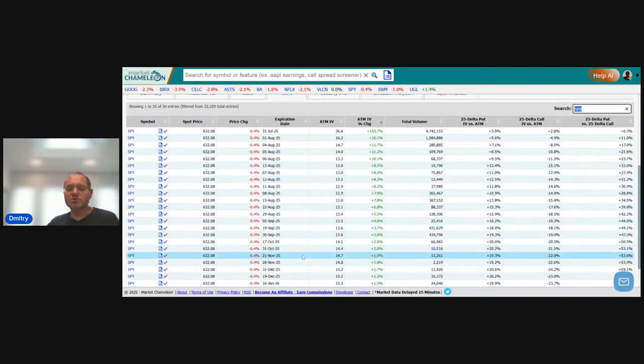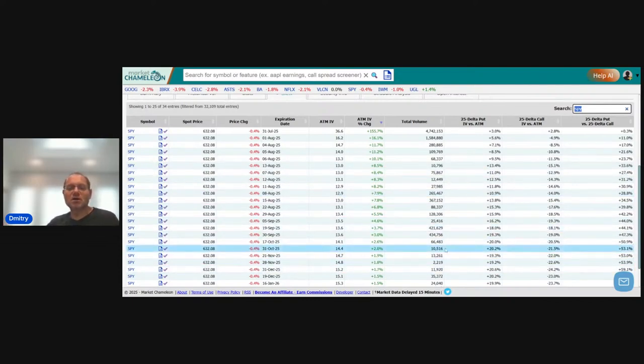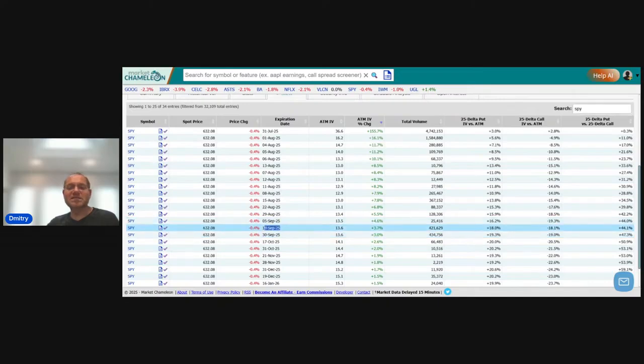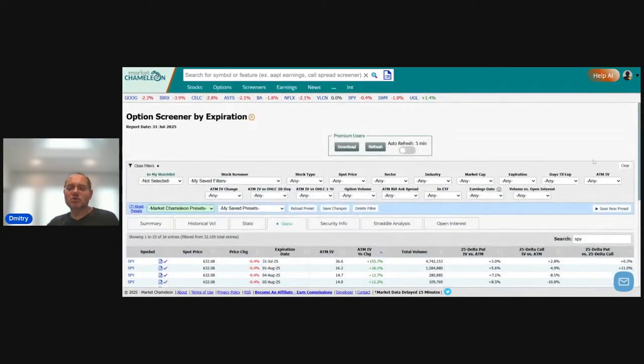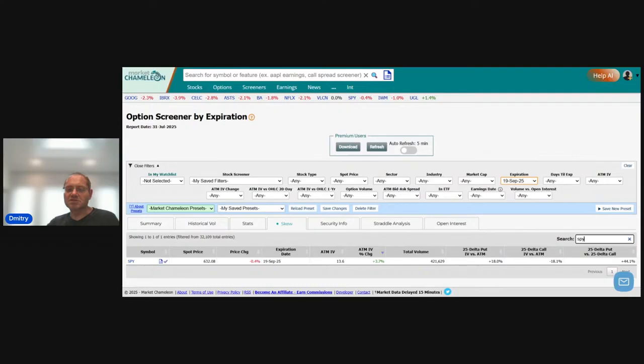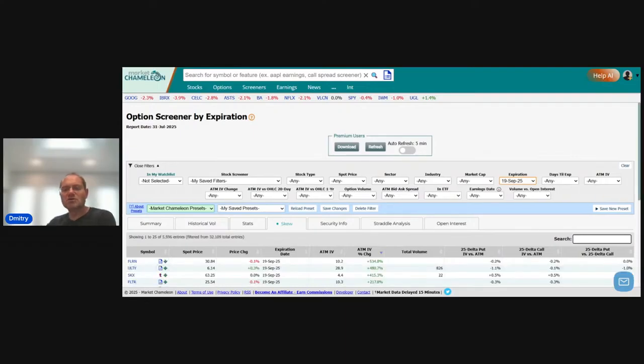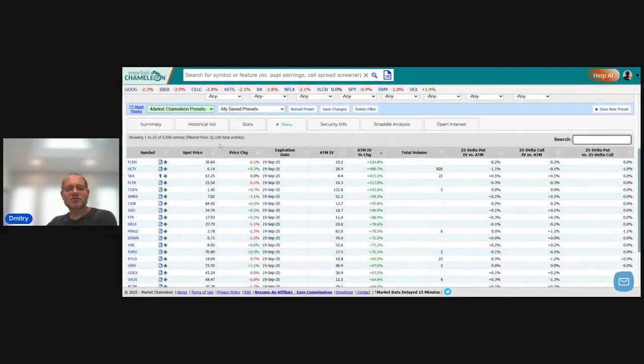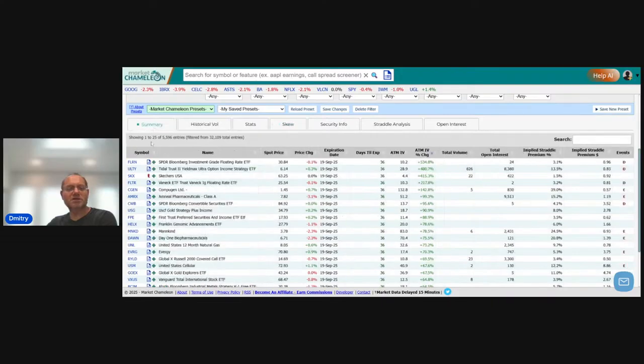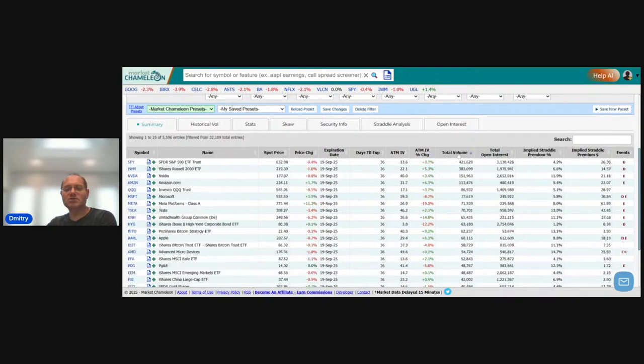Let's say we were interested in September 19th, right? So we could come up here and filter out everything that's September 19th. I'm going to take off SPY for now. So now let's sort this by total volume. This way we see the stocks with the highest option volume.